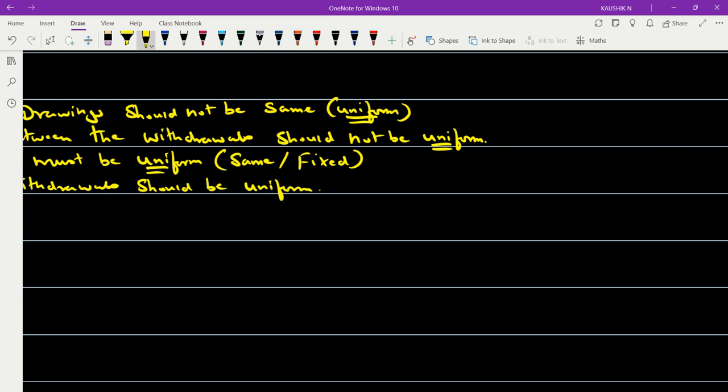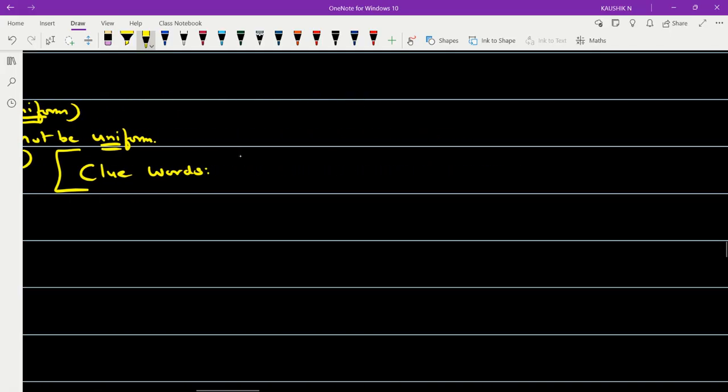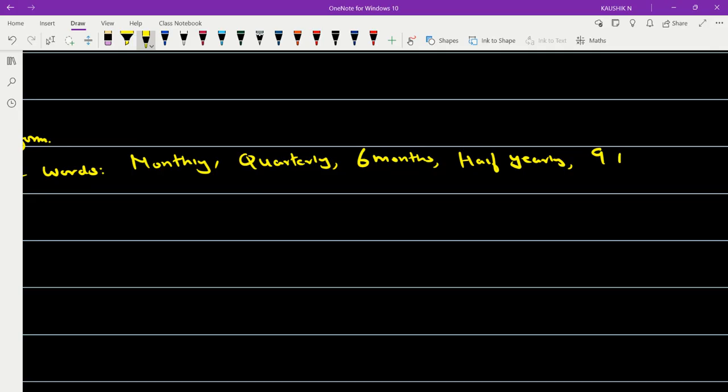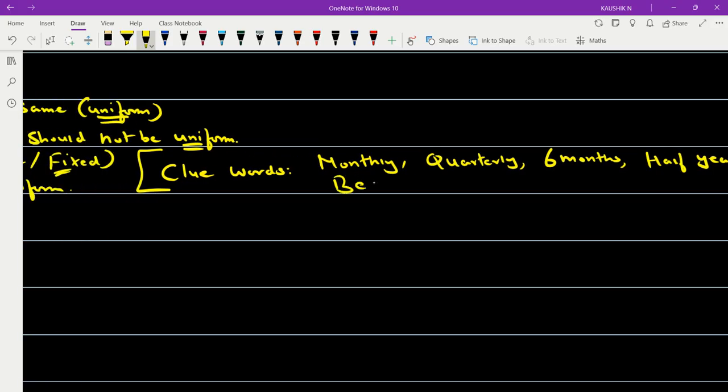Now, to understand whether the problem is under this particular method, one clue word you can find is the word fixed. And apart from this, there are other words. If you find them in the question, then you can take a call that it has to be done under this method. What are those clue words? The clue words are monthly, quarterly, 6 months, half yearly, 9 months, and not only this, there's other things: beginning, middle, end.